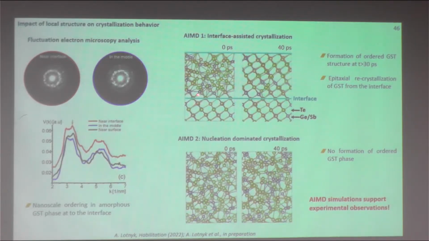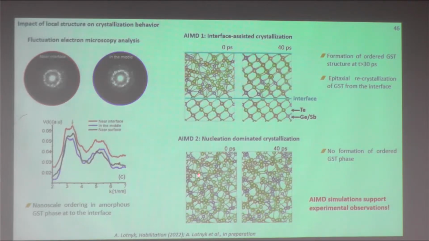So if you start with a system with crystalline here and an amorphous stack, and if we heat up this stack to 600 Kelvin, at this temperature we can crystallize the material. We can see that after 40 picoseconds, this system is already crystalline. It's a highly ordered system, confirming experimental results.